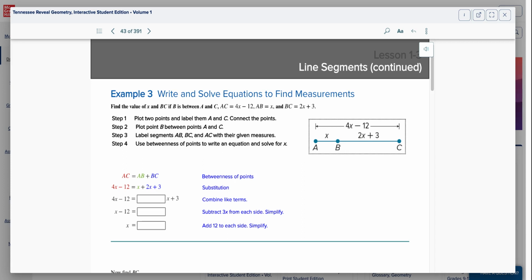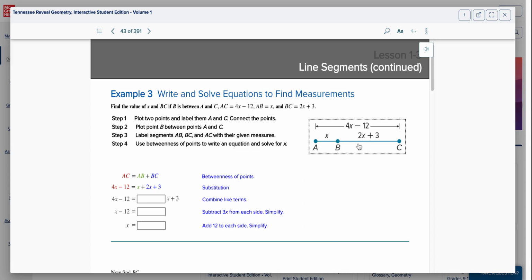All right. But I am a visual person. So when it says AC is 4x minus 12, I'm going to put a 4x minus 12 and, like this person did, a line to the A, a line to the C. So my students see this all the way across. All right. AB is x. That's going to be that little part right there.